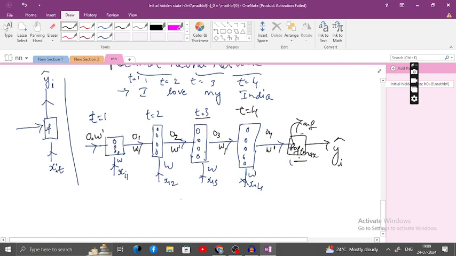So what do you have? X11, X12, X13 and X14. What are these called? For X11 and the others, see, same W, same W, same W, same W. So what is this W? I will call it the weights assigned for inputs.